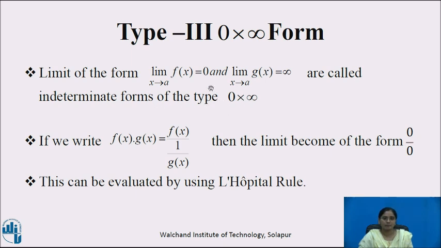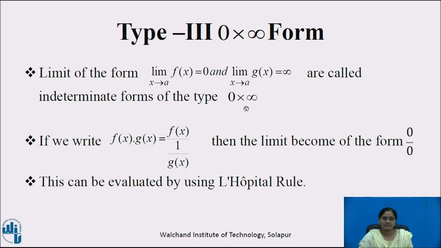Means there is a product of two functions, f of x and g of x. After applying the limit, you are getting the first function f of x limit as 0, the second function limit as infinity. Then there is a product of 0 into infinity, which is called as an indeterminate form.